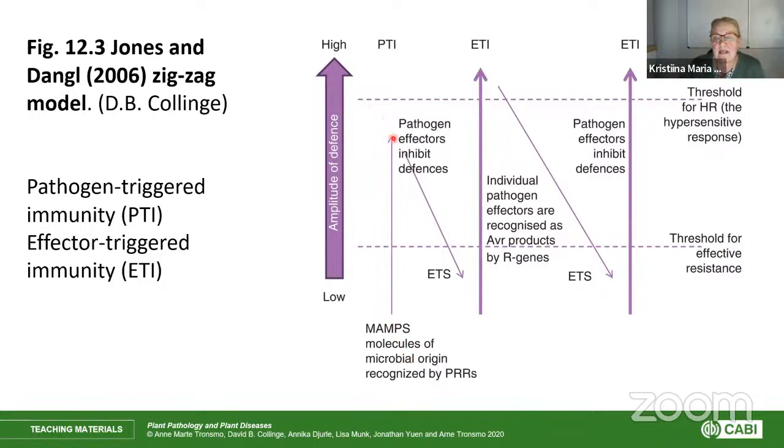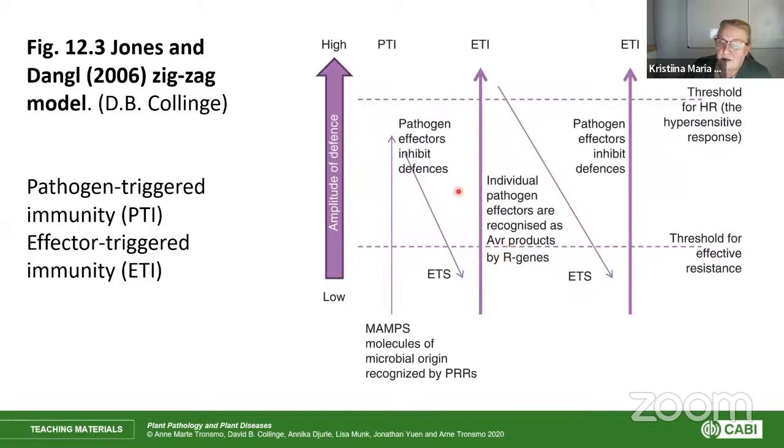When this immunity is triggered, we also have effectors in the cytoplasm coming from these pathogens, and they can further enhance the immune reactions from the cytoplasmic side. So we have here the individual pathogen effectors, which can be recognized by the R genes, resistance genes that are in the cytoplasm.